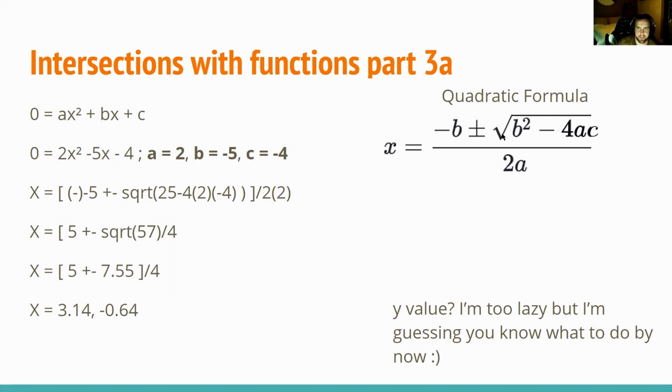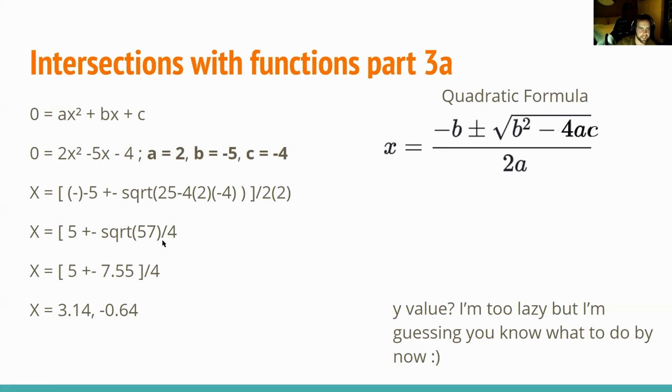And then we have plus or minus the square root of -5 squared, which is 25, minus 4 times 2, because 2 is our a value, and then times -4, because c is our -4 there. And that's all going to be divided by 2 times 2, because a is 2. So we have x is equal to 5 plus or minus the square root of 57, all divided by 4.